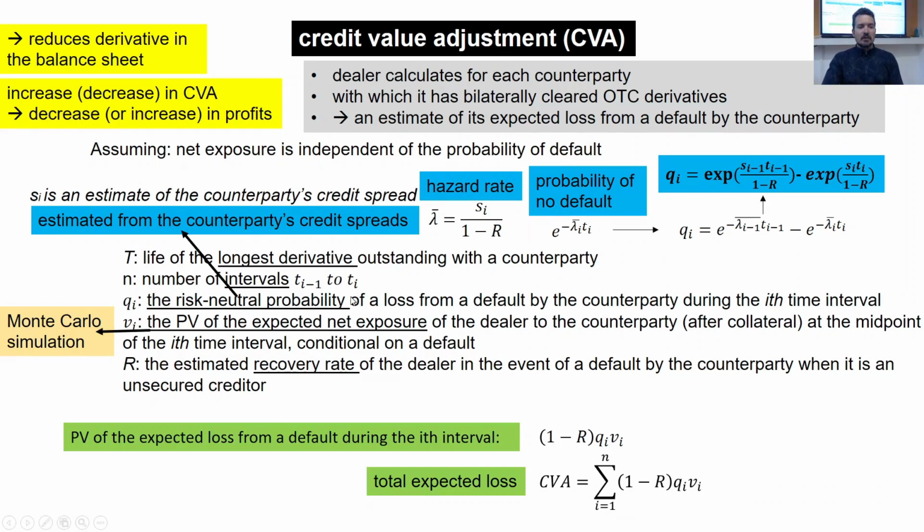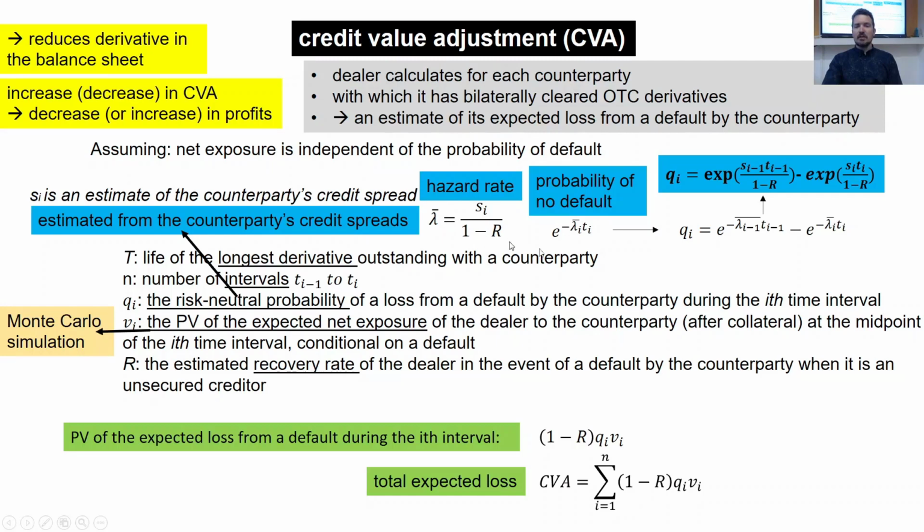Okay, so how can we model this? Practically we can build up the following steps. First of all, counterparty credit spreads can be used, so credit spread can be an efficient tool here, because we can assume the hazard rate from this one, taking the credit spread divided by the loss given default, the one minus recovery rate.